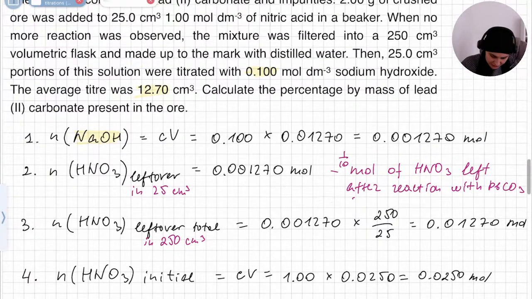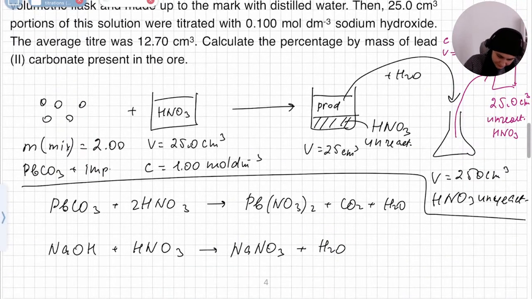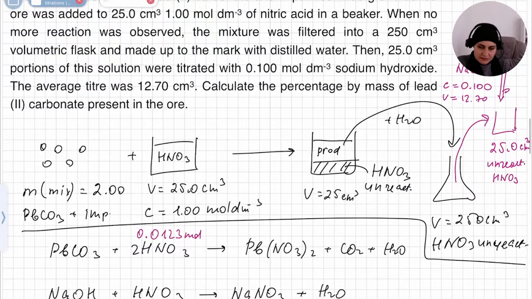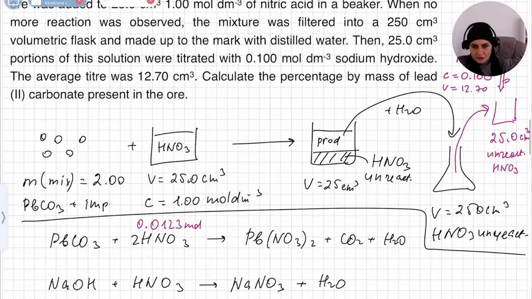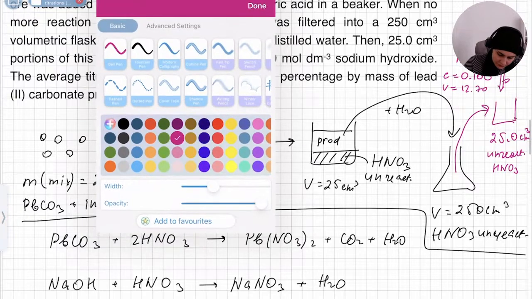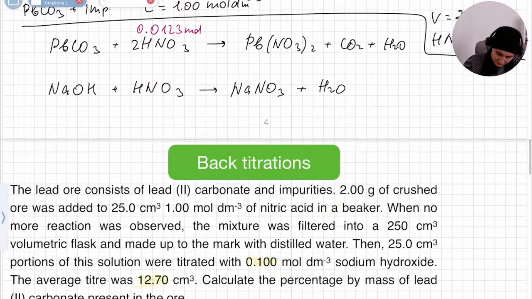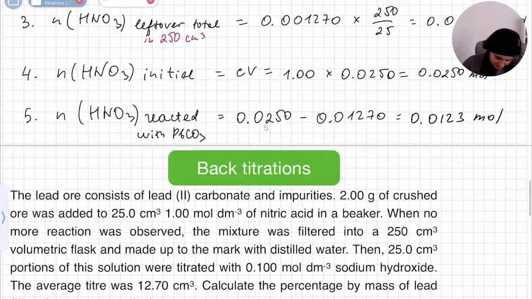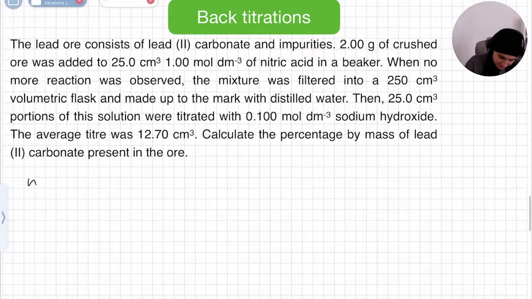So essentially, it's this many moles, 0.00123. That's how much reacted. And from here, we know that lead carbonate reacted with HNO3 in a 1:2 ratio. So now we can find moles of lead carbonate. Now what step is that? That's like step 106.